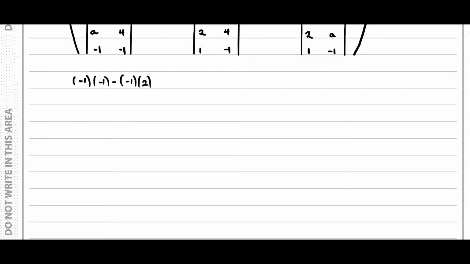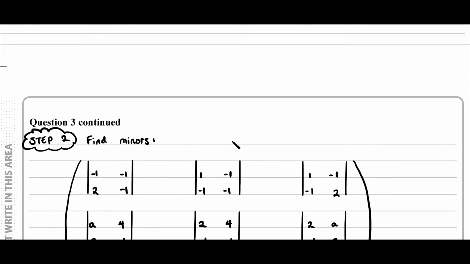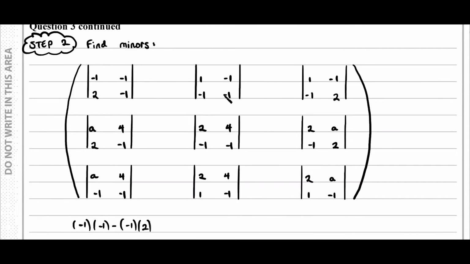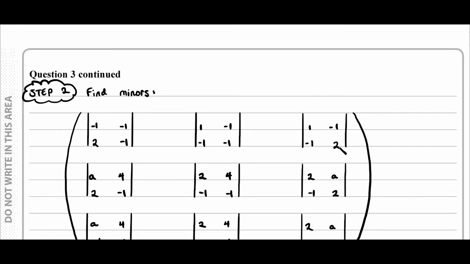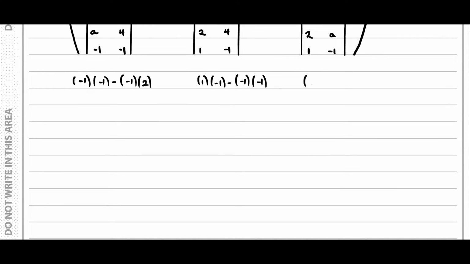For our next element, we have 1 times by minus 1 minus 1 times by minus 1. Then we have 1 times by 2 minus 1 times by minus 1.